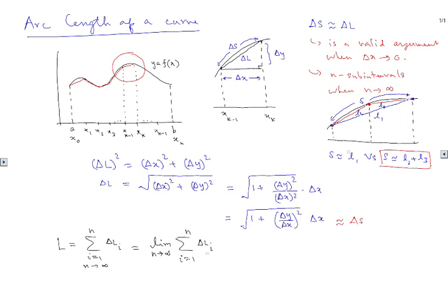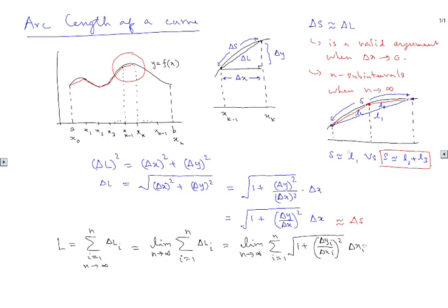Now we can replace delta L i by this formula for the ith one. So this is the limit as n goes to infinity of the sum, i going from 1 to n, of the square root of 1 plus (delta y i over delta x i) squared, times delta x i.